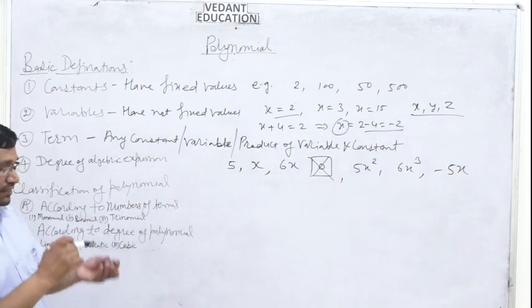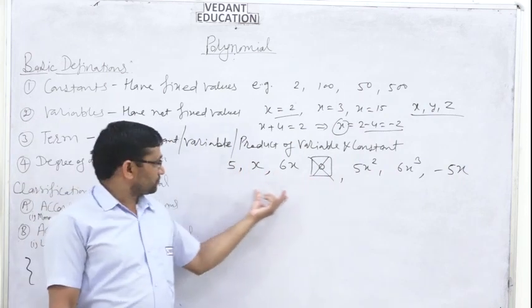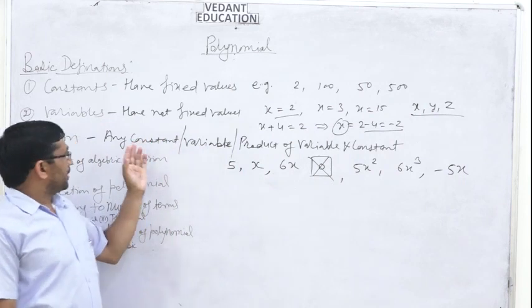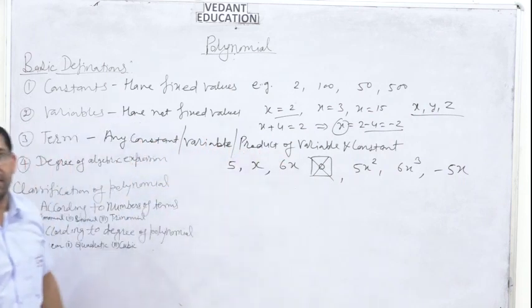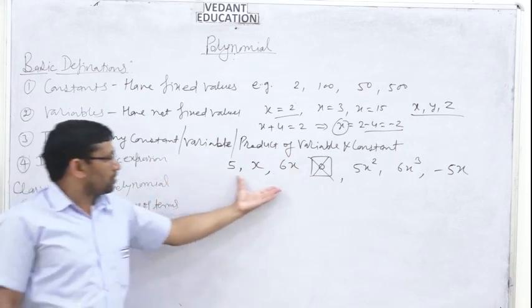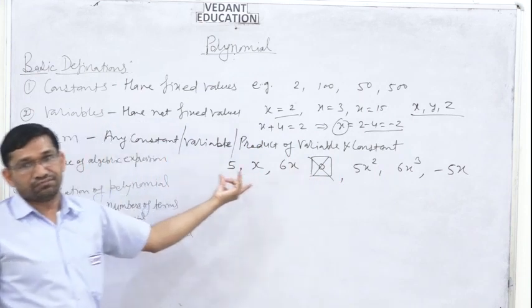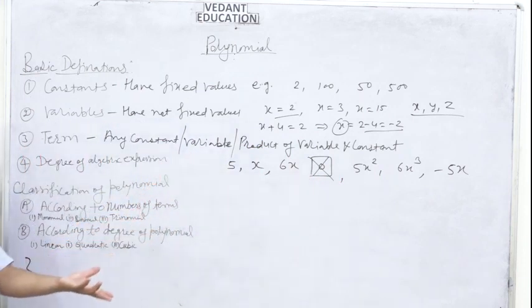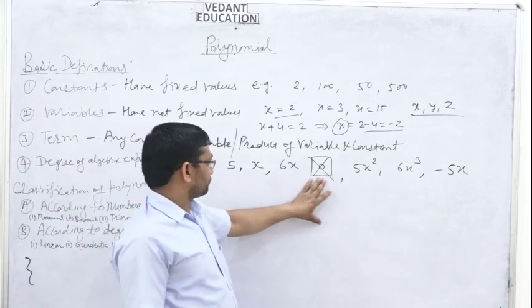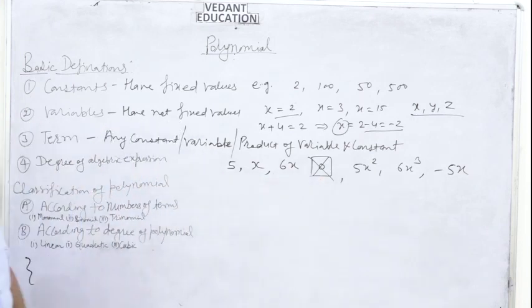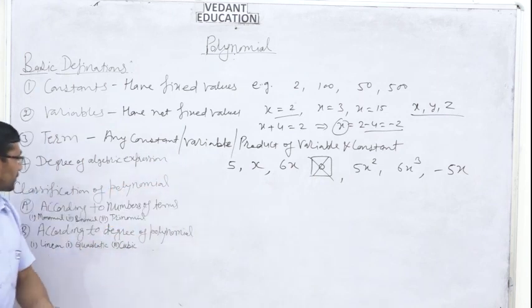These all are examples of term. But 0 is not term, because 0 doesn't have any value. So these are the examples of terms.